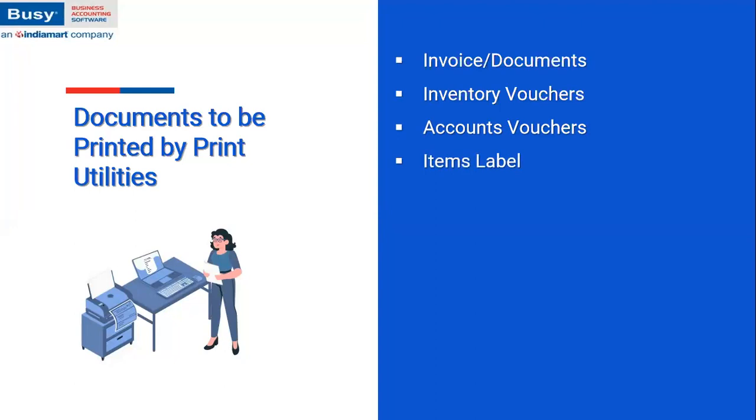Item label. You can configure the item label, and you can print the item label for one item, selected items, a group of items, or all items. Same as account label. You can configure the account label, and after configuring it, we can print the account label for one account, a group of accounts, selected accounts, or all accounts.